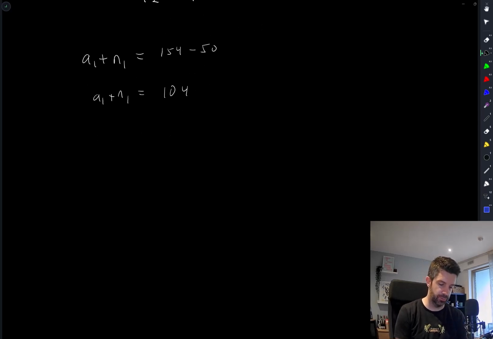So how many adults would there be? A1 divided by 104 has to equal 5 over 12. Have I made a mistake here?